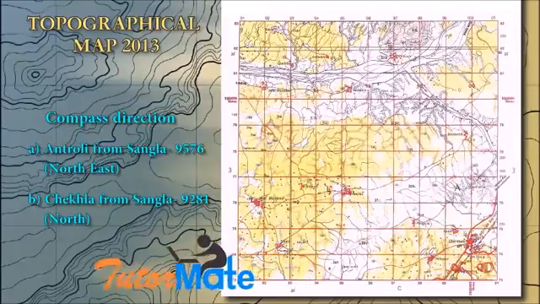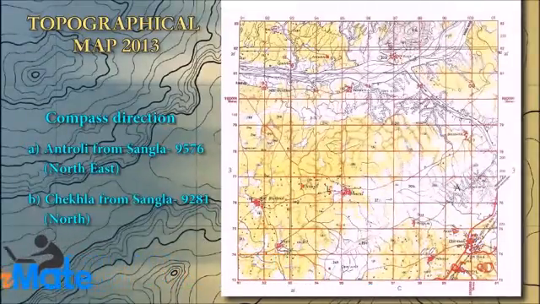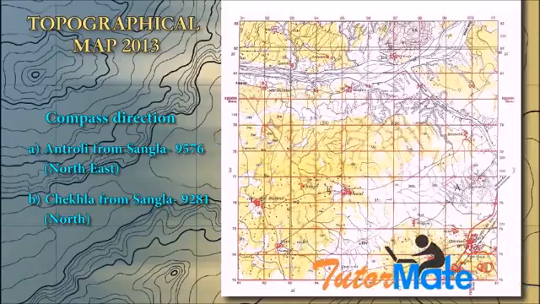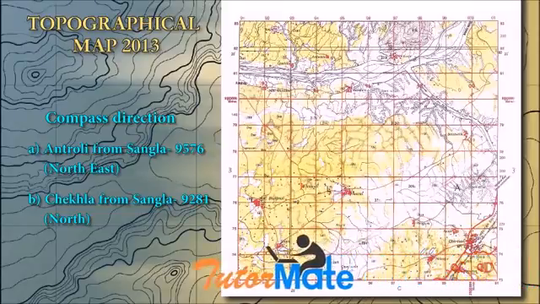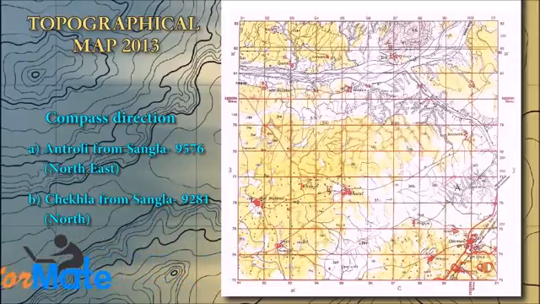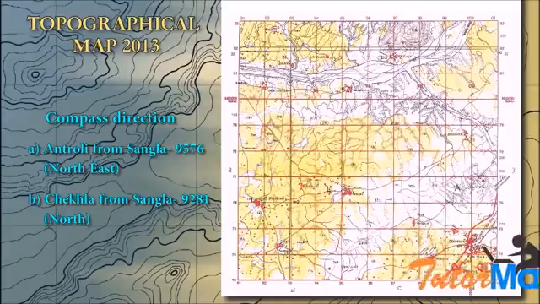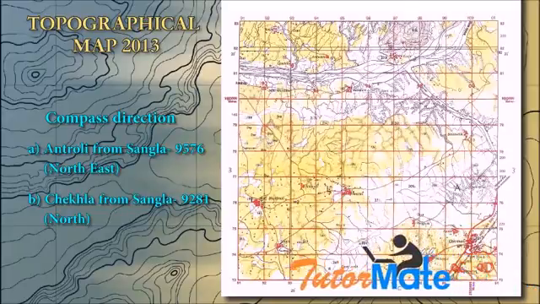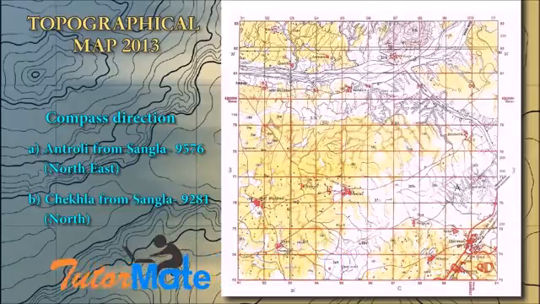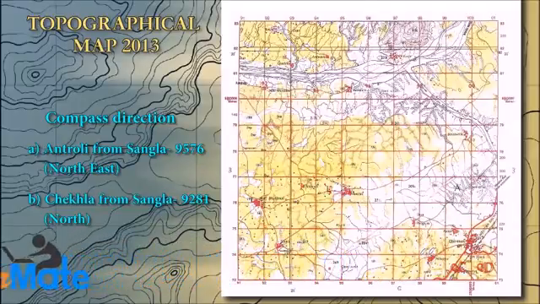The next question, what is the compass direction of Antroli and Chekla from Sangla? Now here, students, the 4-figure grid reference is given of Antroli and Chekla, so it becomes easier for you to locate them. Now students, read the question properly. What is the compass direction of Antroli and Chekla from Sangla? So here you have to find out first Sangla.